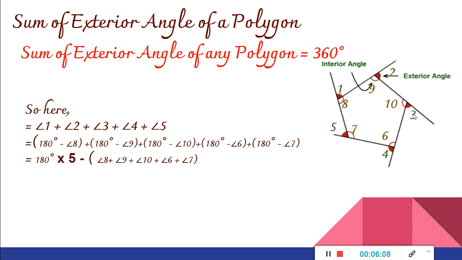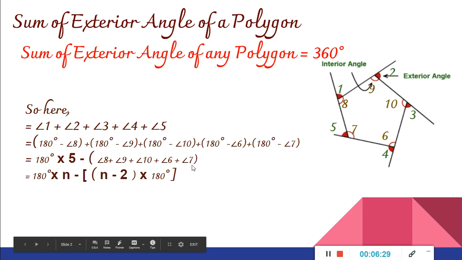For any polygon with n sides, this 5 will be replaced by n, since 5 is the number of sides. So for an n-sided polygon, what will come? 180 into n. Then here it is the interior angles, isn't it?